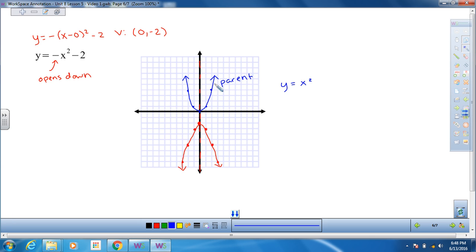So how does our graph, the one here in red, differ? Well, for one thing, it's reflected. It opens down. And then also that -2 in our equation tells us that it shifts down.